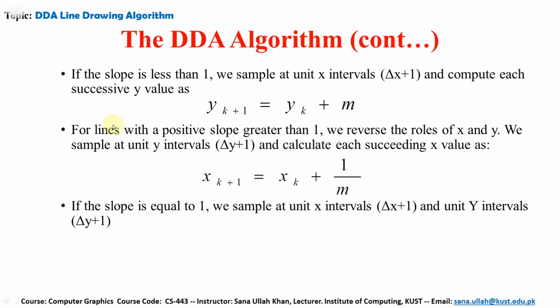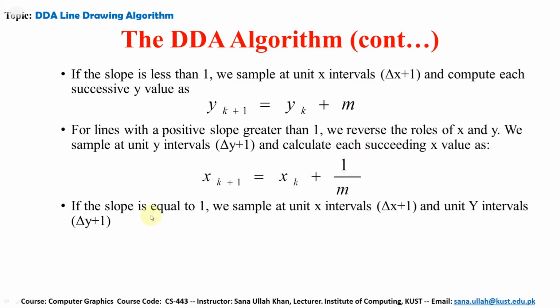Sometimes if the slope is greater than 1, a positive value, then the rules change. It will be the reverse of the first one, where the y value will be increased with the unit interval and the x value will be increased with the slope. xk plus 1, the new x value, will be the previous x value plus 1 over m.